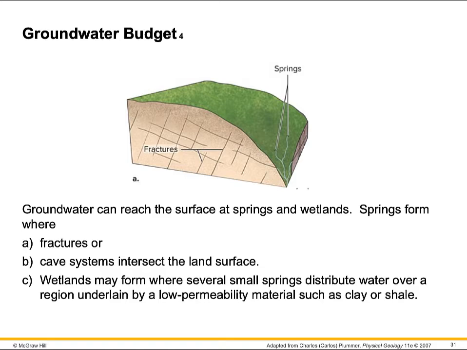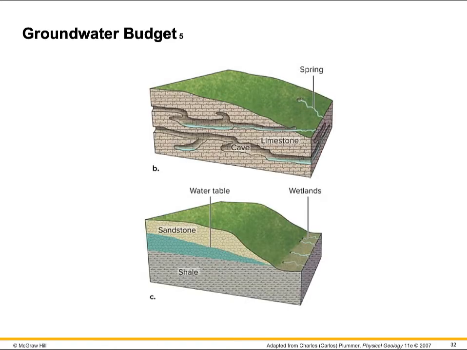Springs form where fractures or cave systems intersect the land surface, or wetlands may form where several small springs distribute water over a region underlain by a low permeability material such as clay or shale. B shows the cave systems and C shows the wetlands.